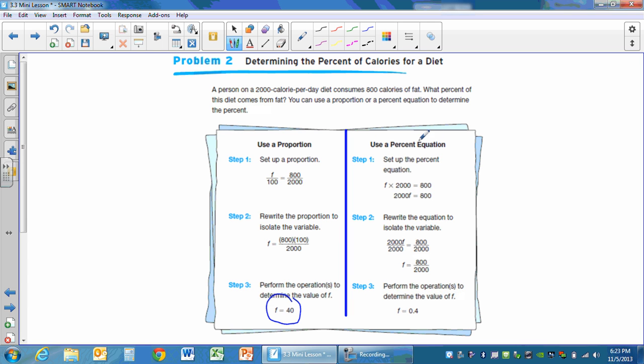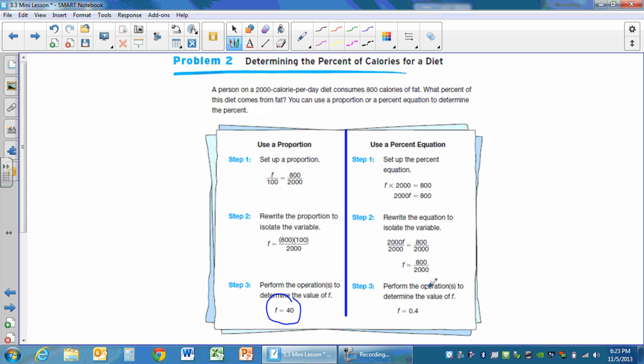When we use the percent equation, we set it up with the percent times the total equals the part. Multiply the two together, F times 2,000. Step 2 is to rewrite the equation so that we isolate the variable. Again, we want F all by itself.